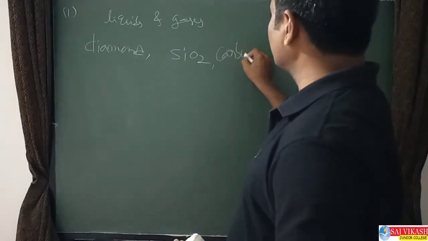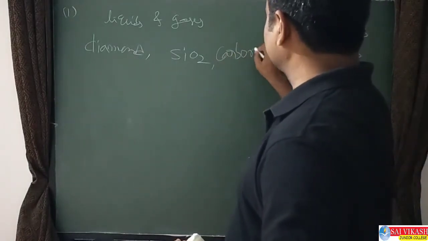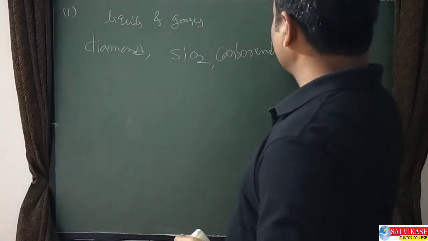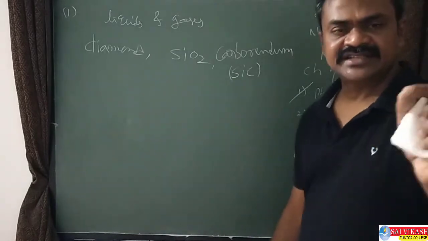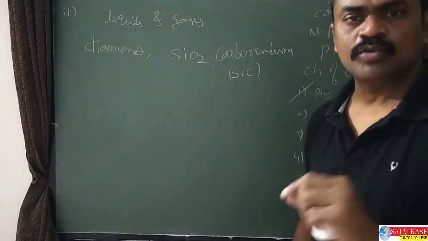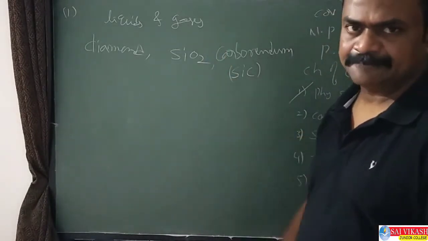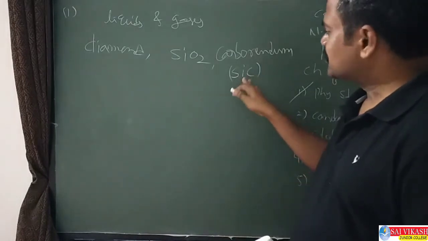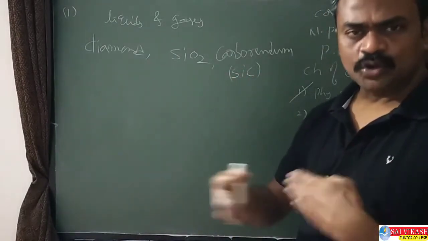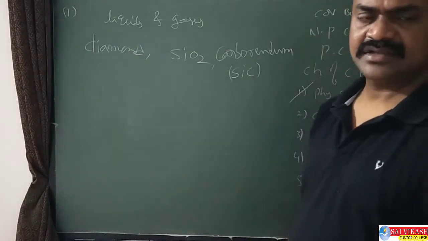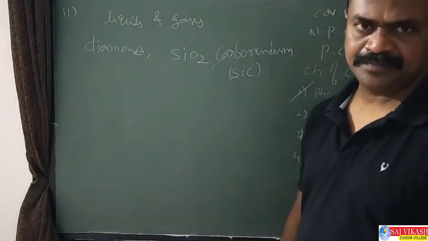Next, carborundum. Carborundum means silicon carbide. Silicon carbide means carborundum. It's a common commercial name. In this case also carbon and silicon are forming the covalent bond only, and it is available in the solid state.